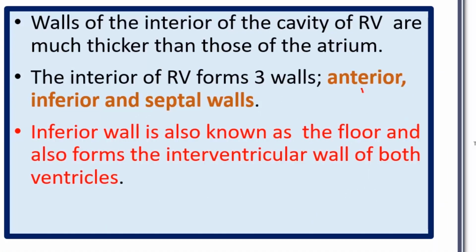Now we have three walls. We have the anterior, we have the inferior, and then we have the septal walls. Now the inferior wall is also known as the floor, and it forms the interventricular wall of both ventricles. Now let's look at the walls.